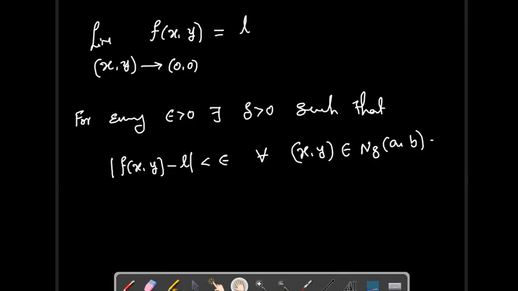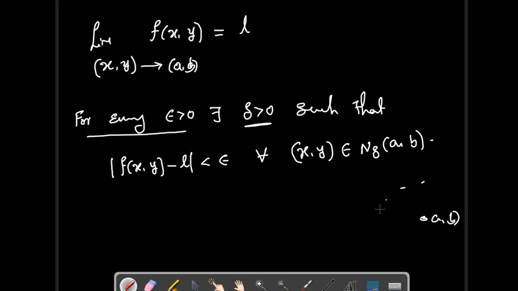So we say that the limit of the function is L at a comma b if, for every epsilon greater than 0, there exists a delta greater than 0. This delta represents the radius of the neighborhood of a comma b.